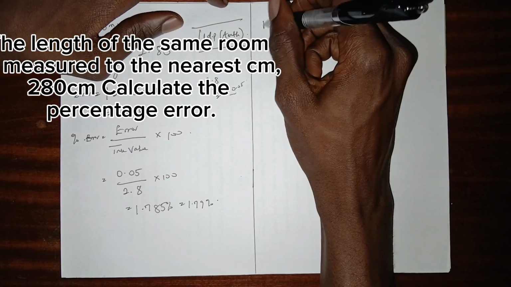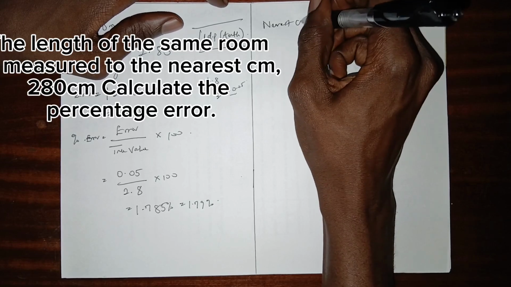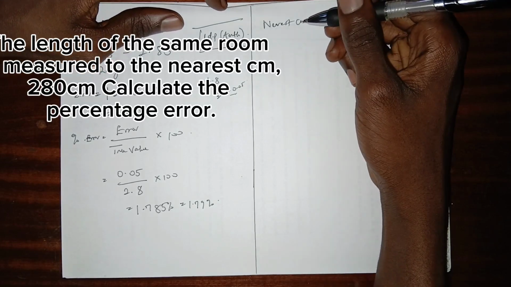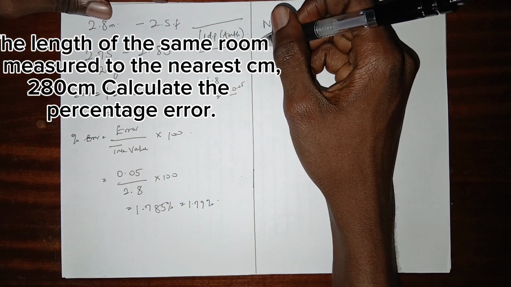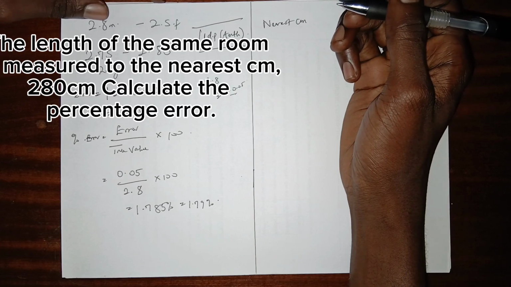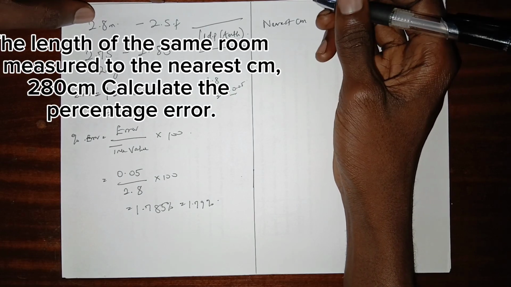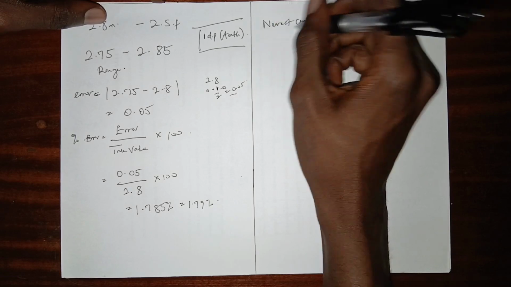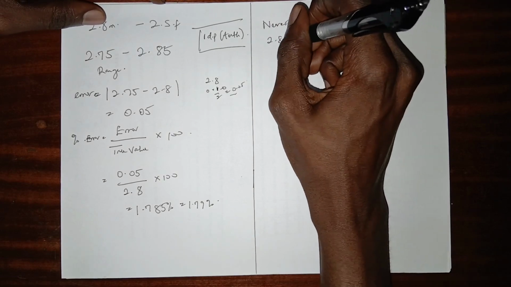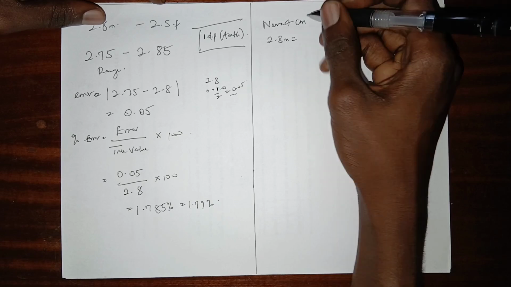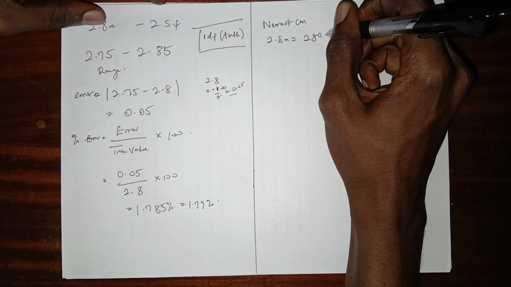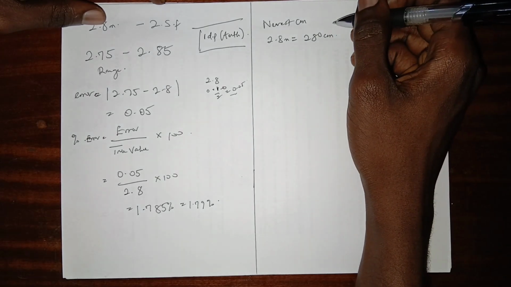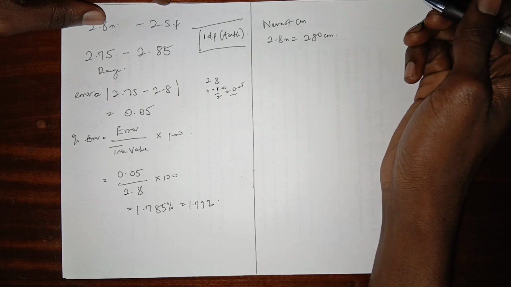We did the previous one to the nearest one decimal place. Now our previous 2.8 meters, converted to centimeters, will give us 280 centimeters. And we should calculate the percentage error.